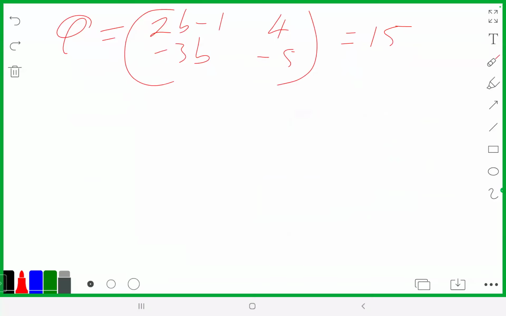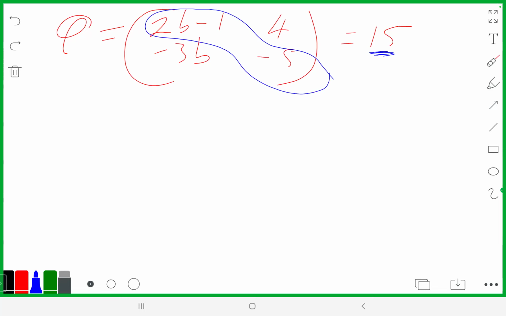How do you find the value of B now? Are you able to follow so far? Yes. Okay. To find the determinant, the way they found this determinant 15, they had to multiply the entries of the major diagonal and then minus the entries of the minor diagonal.